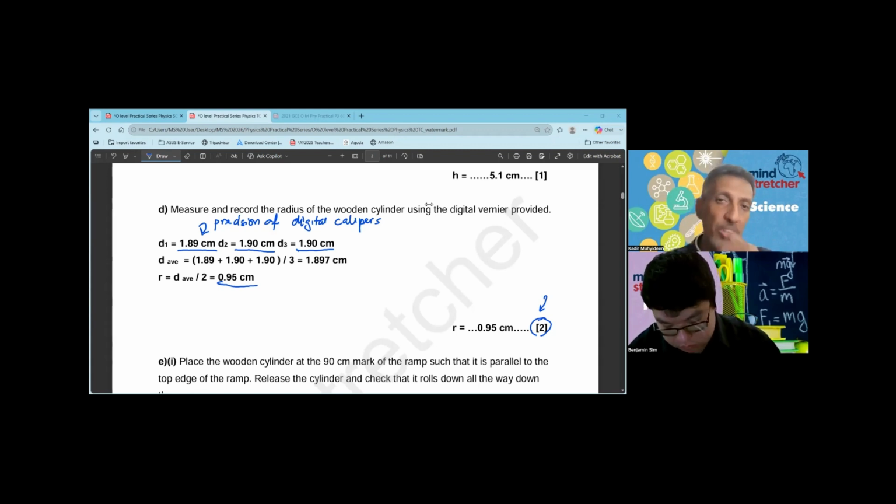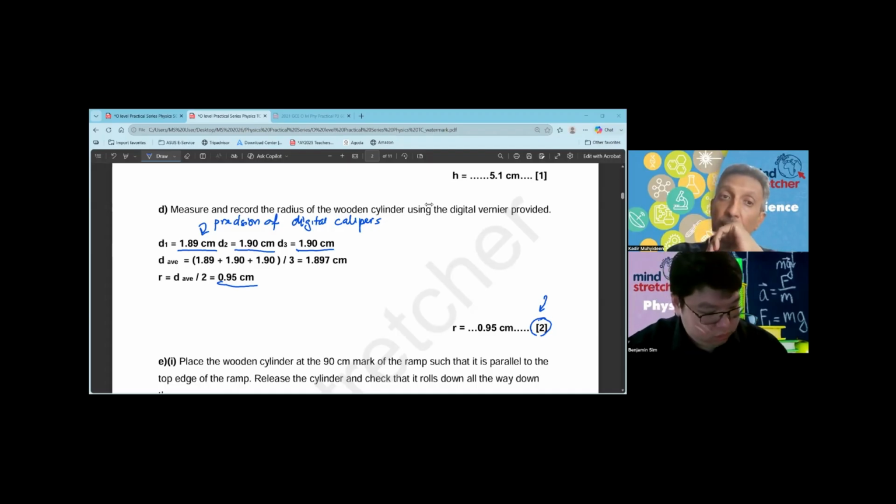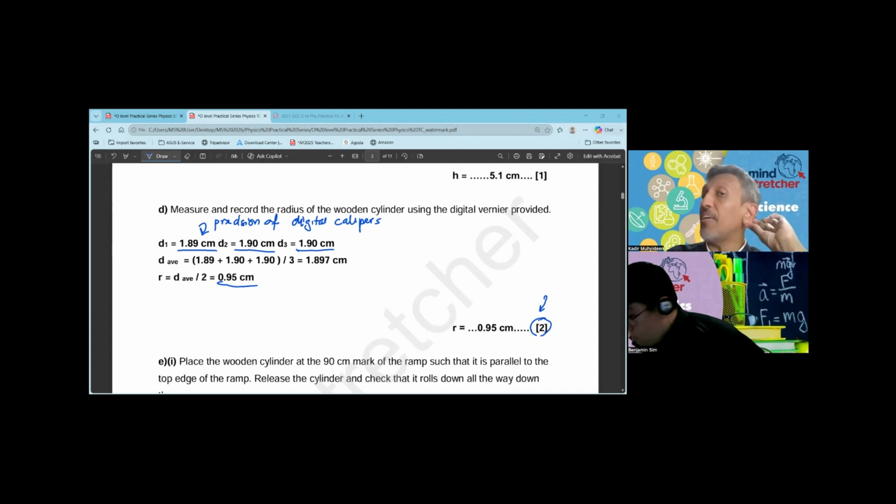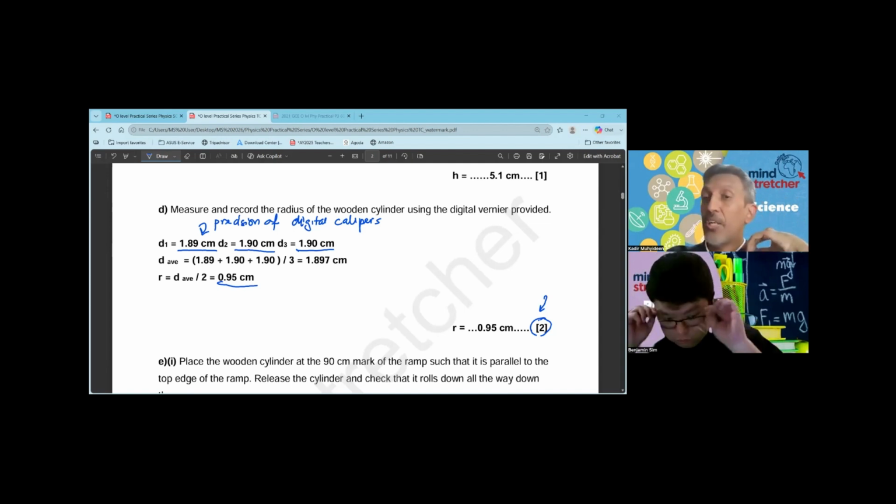Okay, yeah. So there's a question. I thought you only need to find average readings if they ask to find an accurate reading. Not necessarily, that's what I'm trying to highlight. In this case, you are expected to know that you are supposed to measure something accurate, because they don't tell you to take two or three readings and find an average.